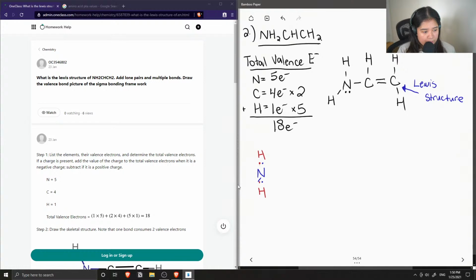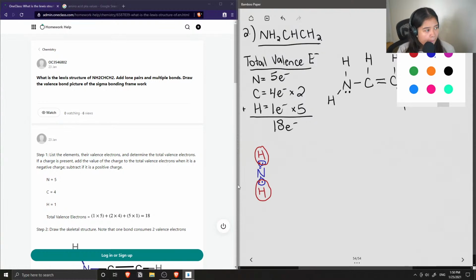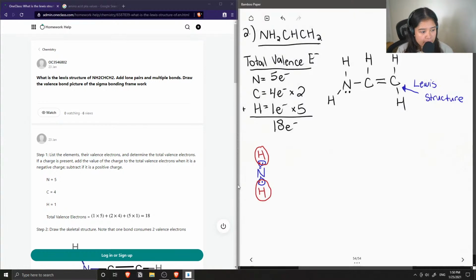Okay, so then we draw a bond like this. And we can also show hydrogens, just to show the sharing of electrons. And nitrogen has an extra lone pair.